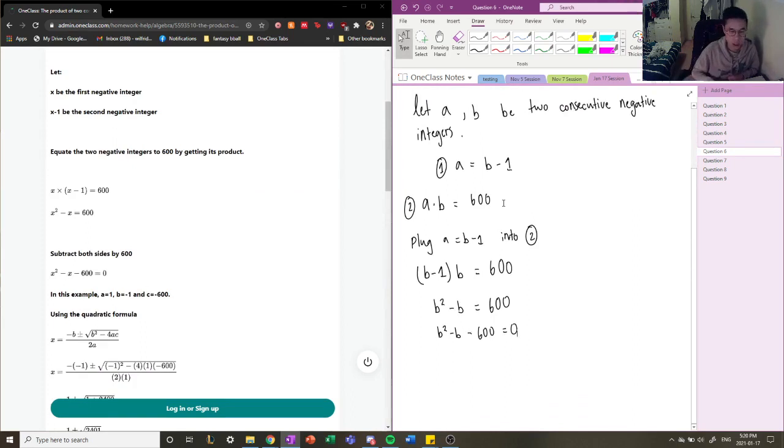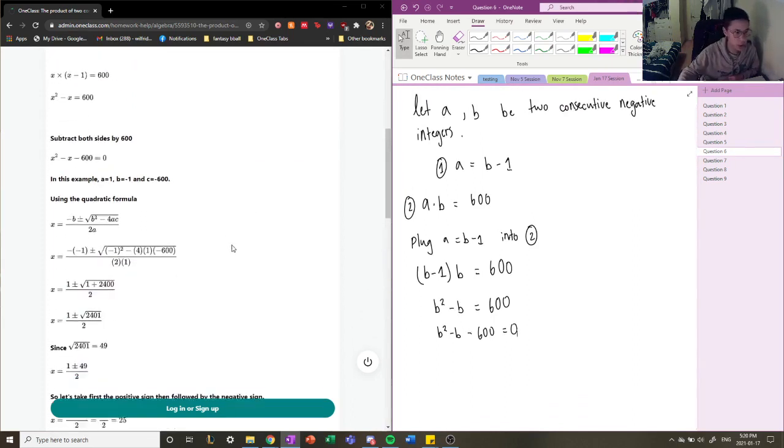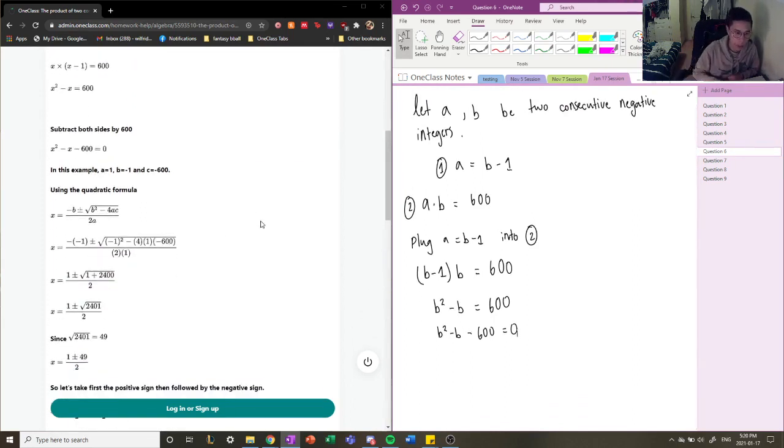Okay, so in this case, the junior tutor used the quadratic formula, so I will do the same. So the quadratic formula is, as stated again, x equals negative b plus or minus the square root of b squared minus 4ac, divided by 2a, where a, b, and c are the coefficients of our quadratic function.